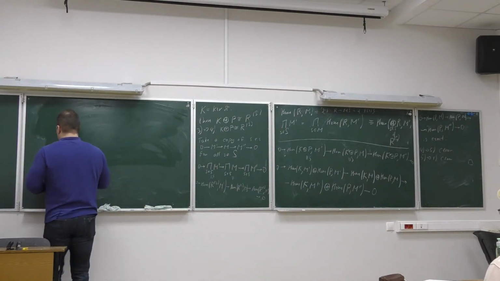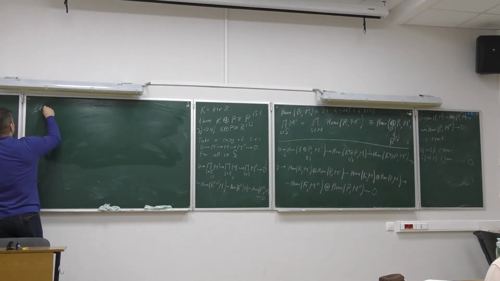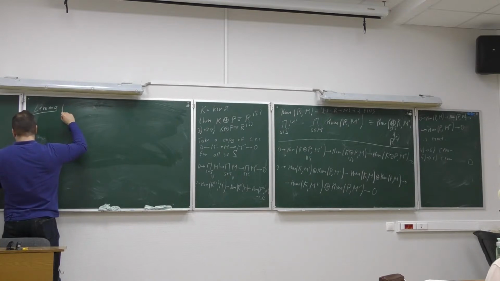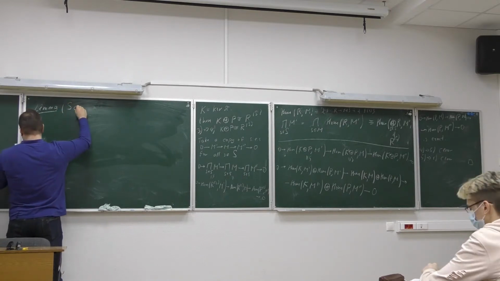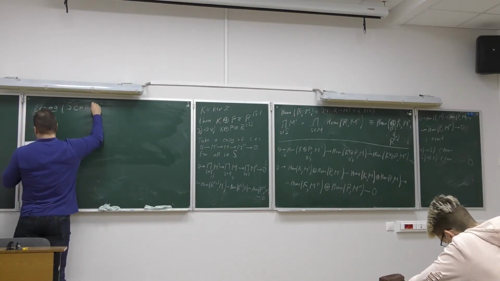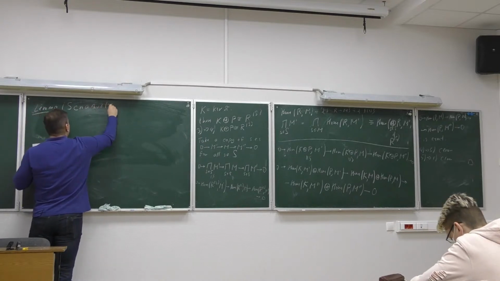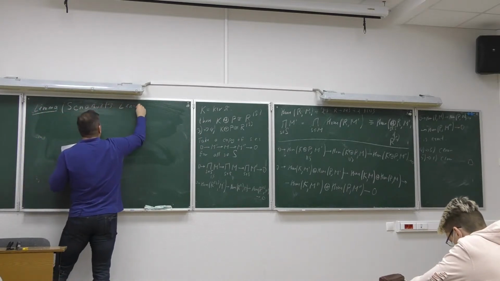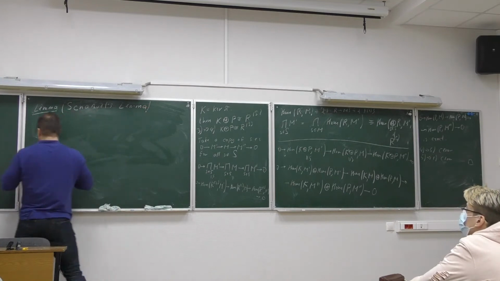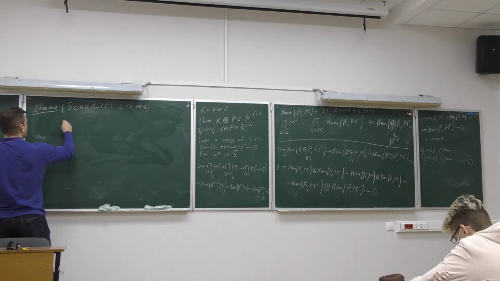And the last statement about projective modules. This is sometimes called Schanuel's lemma. Here we assume that we have two short exact sequences.